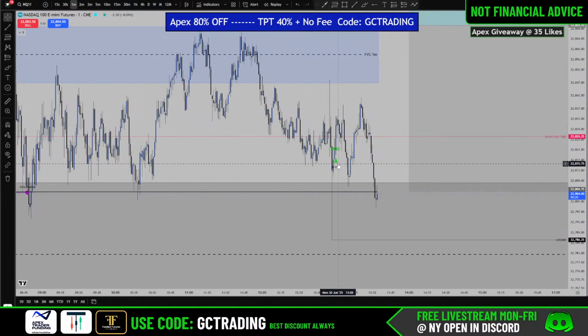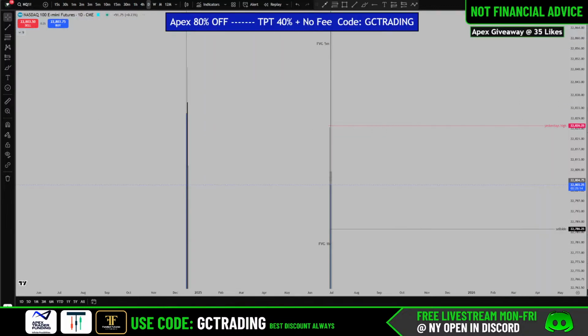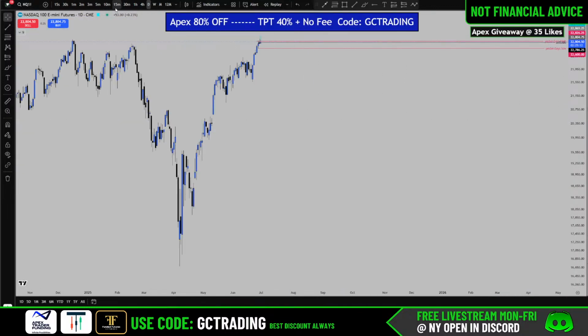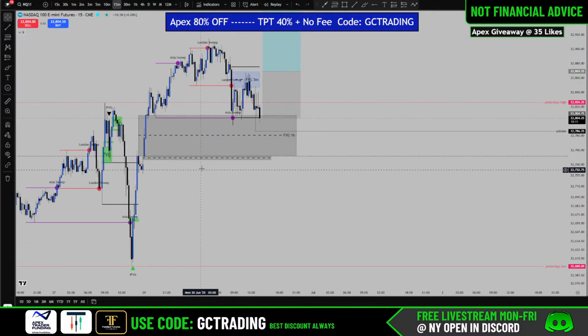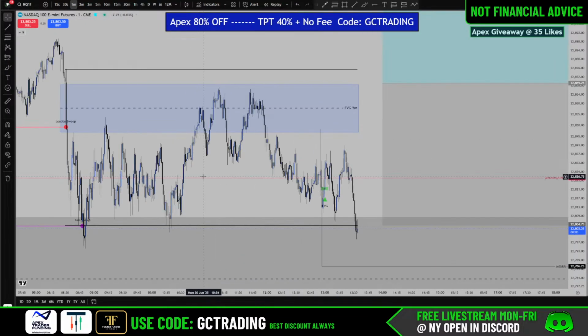Yeah, it could work, but I do think we need a rebalance here back to this new week opening gap. I think that's a very likely area that we'll see. See what happens here.